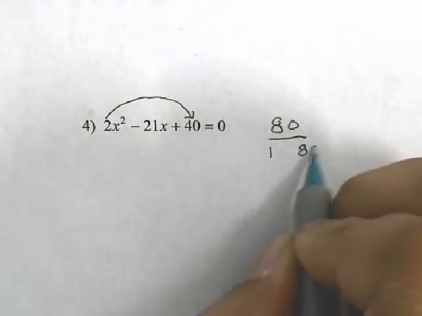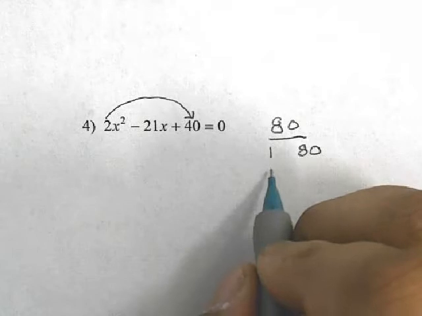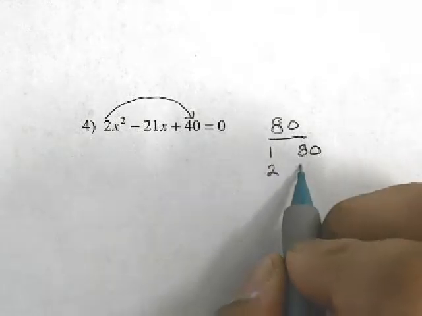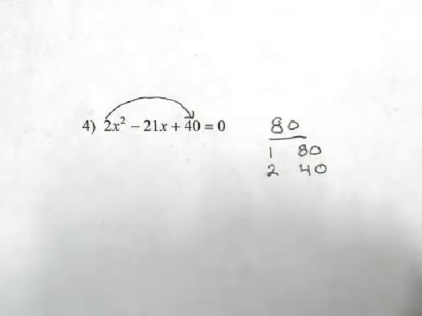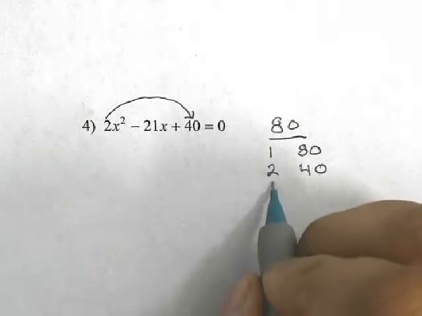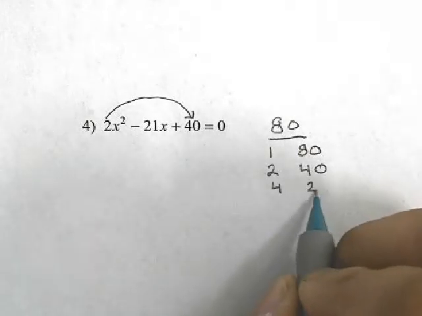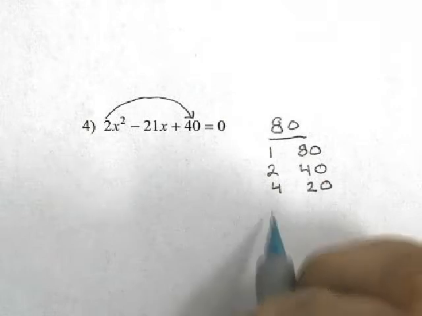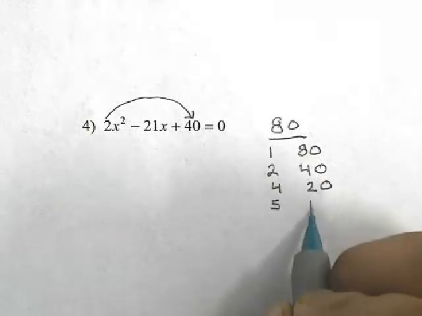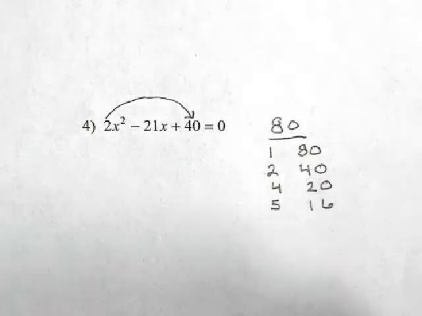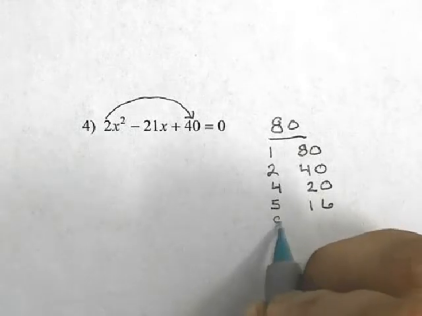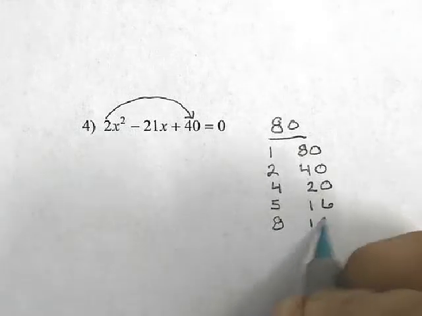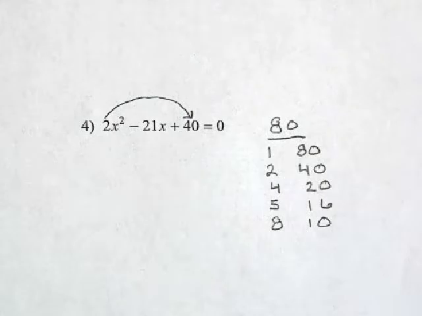Don't forget, you can go to your calculator, add a graph. This is 2 times 40. 3 doesn't go. 4 times 20. 5 times 16. 6 doesn't go. 7 and 8 and 10. Those are all the factors of 80.